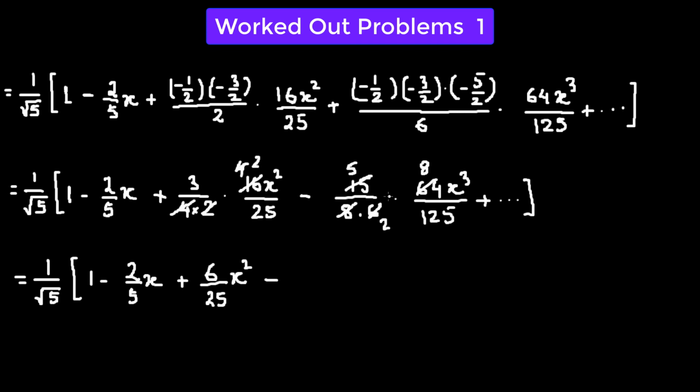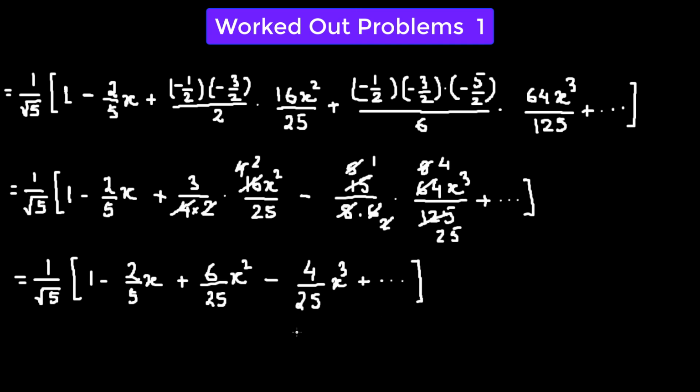Also 5 and 125 are both divisible by 5, so we have 1, and in the denominator we have 25. The 2 and 8 will cancel out to leave us with 4 in the numerator. So the final answer will be 4 over 25 x cubed plus the remaining terms.